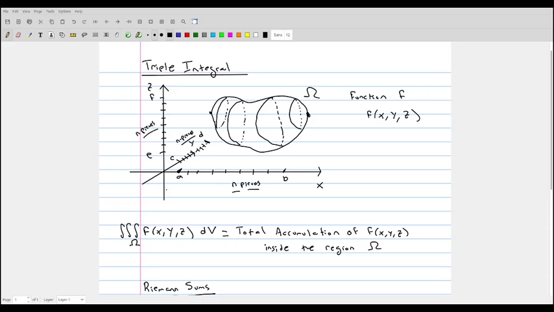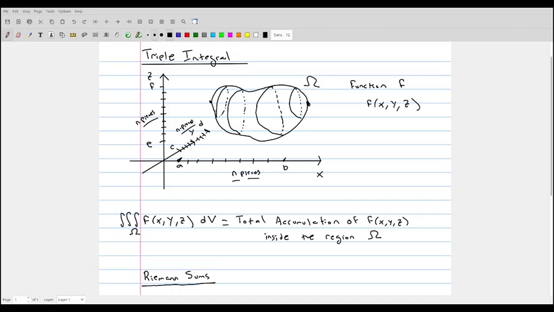in the partition along z, where the width of each piece or each cut along x we'll call delta x i. So this is the width along cut i along the x-axis.